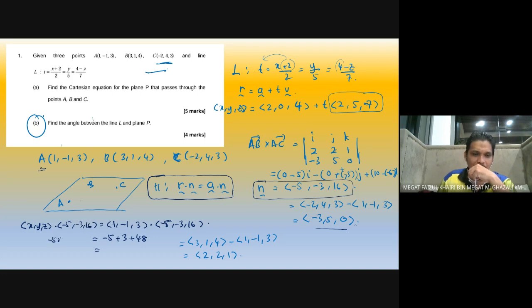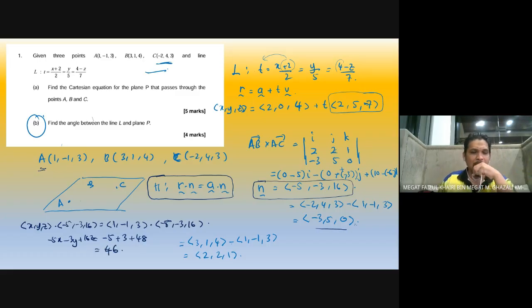So negative 5x minus 3y plus 16z equal to, okay, for this one, I got negative 46. Is this correct? 1 times negative 5, negative 5, negative 1 times negative 3. Okay, 48 plus 3. Negative 48 plus 3, 51 minus 5, 46.